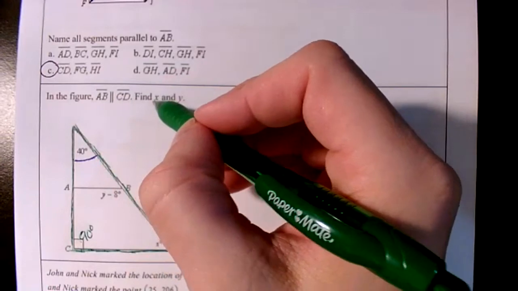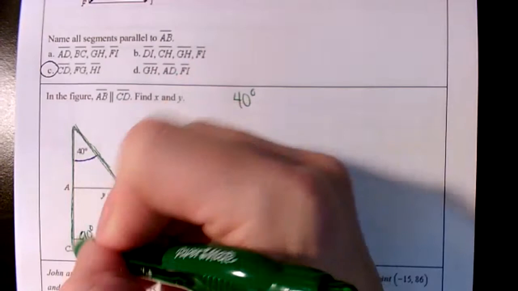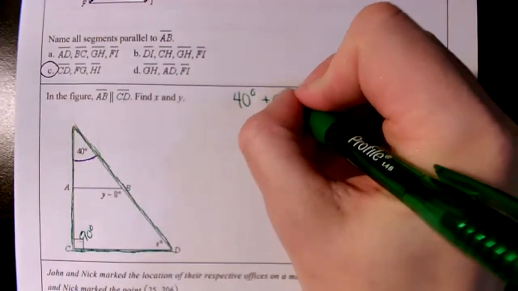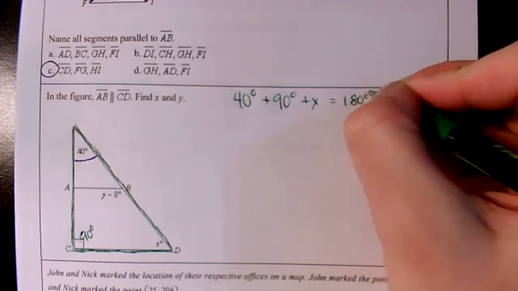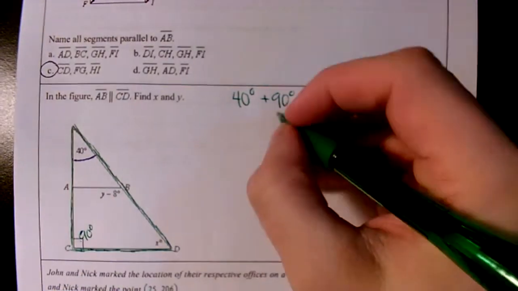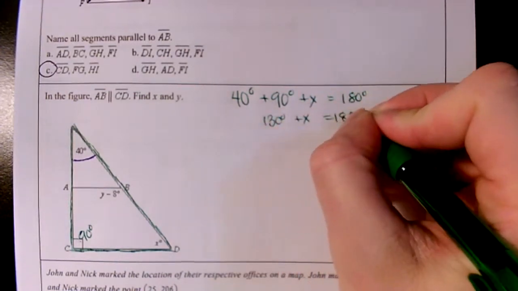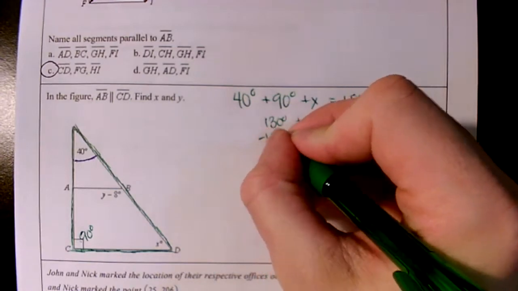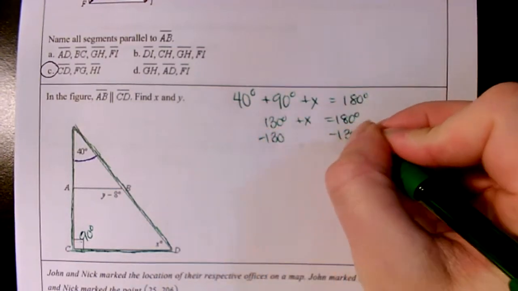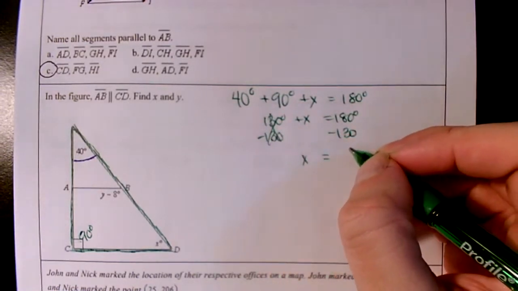So to find X, I can say 40 degrees, that angle up there, plus 90 degrees, that angle right there, plus X equals 180, which means 130 plus X equals 180. If I subtract 130 from both sides, I get 50.